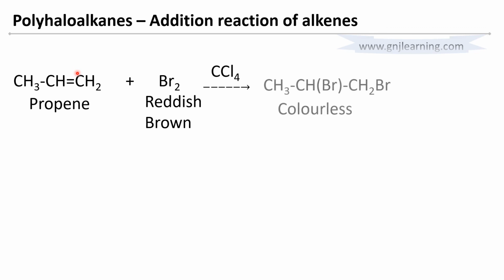Clear? So this bond is broken, and one bromine atom of this molecule is attached to this carbon and the other atom to this carbon. Now the compound has turned colorless, because the reddish brown color is the color of elemental bromine. Now it is part of the molecule.